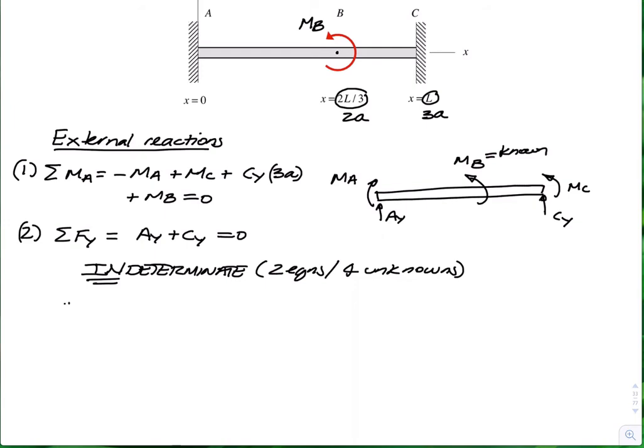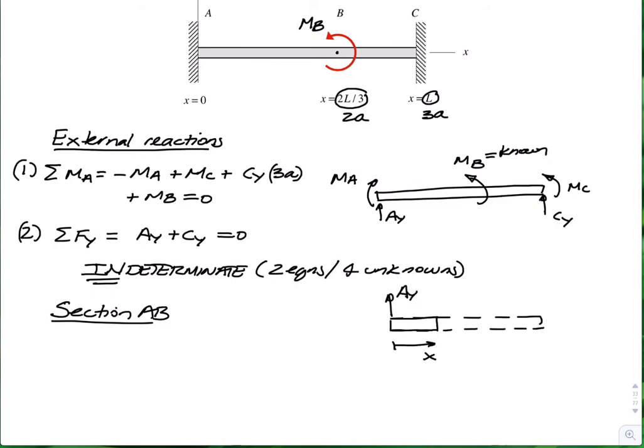I'm going to look at section AB first, which means I'm going to be drawing a free body diagram of a part of the beam reflecting a cut between A and B. This cut is going to happen at some value of X. The FBD that we have here is AY and MA.